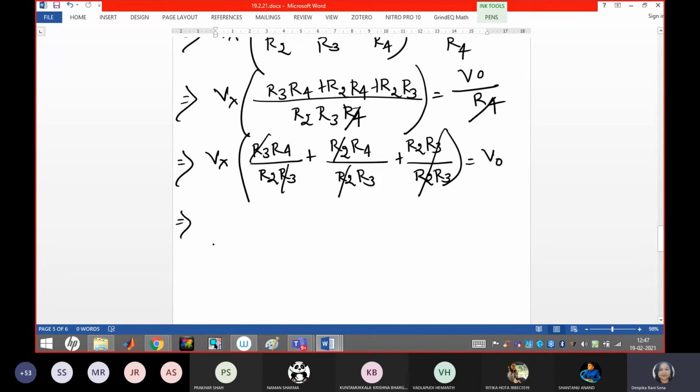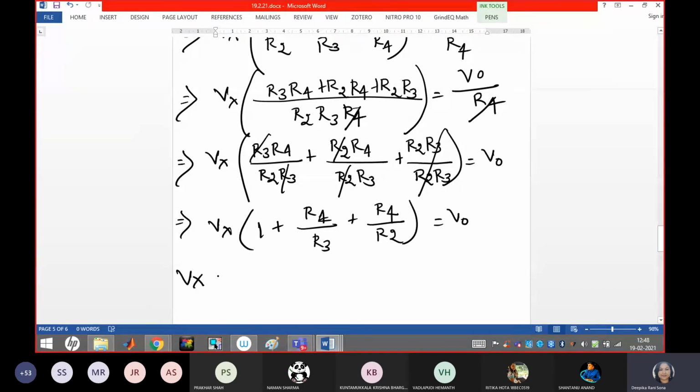So we can rewrite the equation Vx whole into 1 plus R4 by R3 plus R4 by R2, which is equal to V0. So what is Vx, guys? V0 divided by this whole multiplicand term.